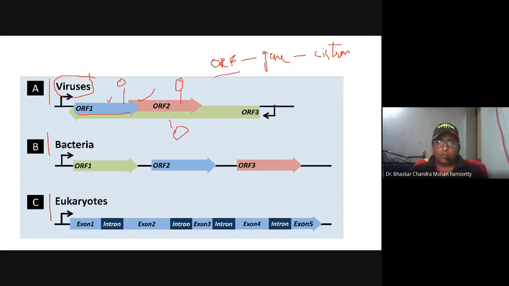Can you tell me the difference between an ORF, a gene, and a cistron? An ORF usually is about the production of a protein. If you're talking in terms of the end product, what is encoded, then ORF, gene, and cistron all mean the same thing. Genes that produce RNA, something like rRNA, do not have an open reading frame.